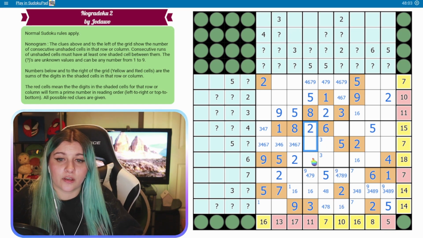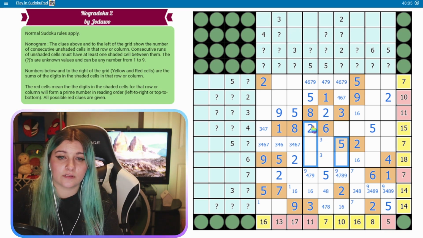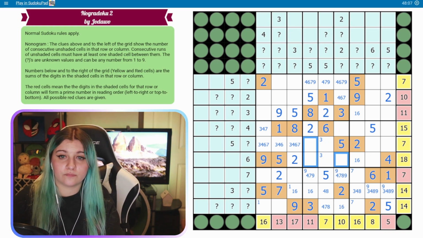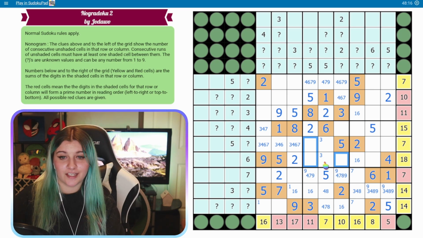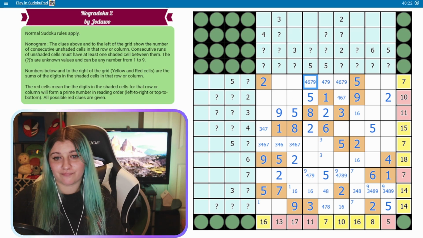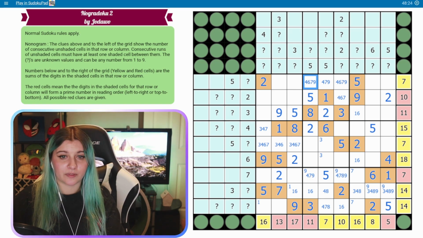Where does 1 go in here? If this is a 1, this won't be a 6. Stuff like that is probably fine.